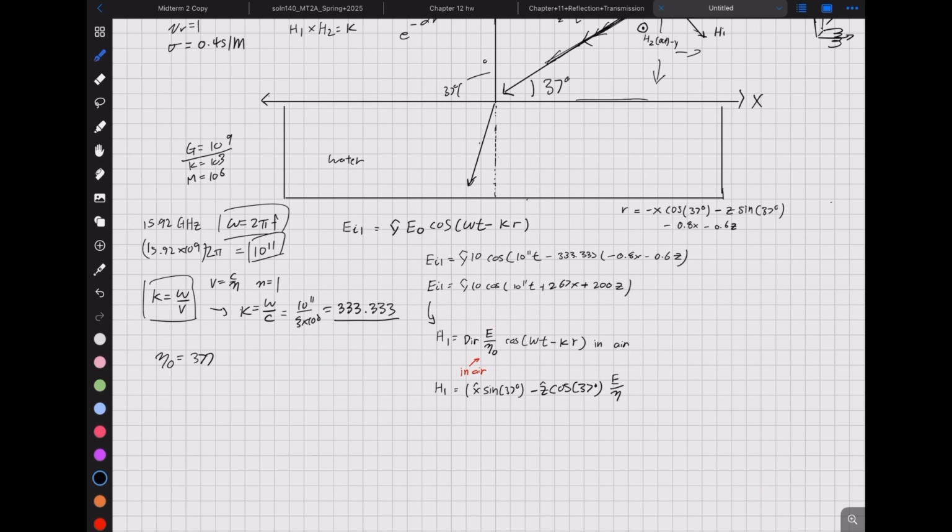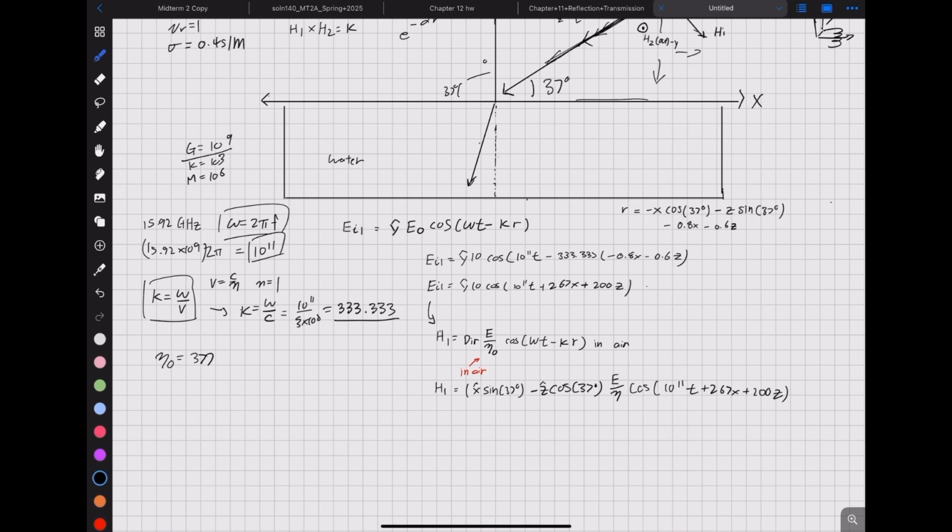Next, we're going to have the phase part of it. So remember that E and H are always in phase. So we have 10 to the 11 t plus 267x plus 200z.